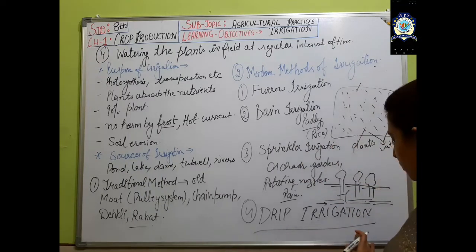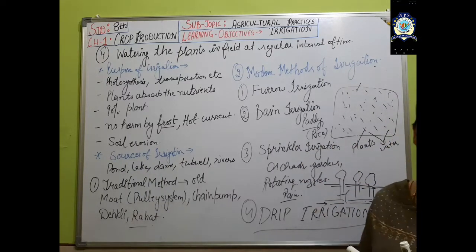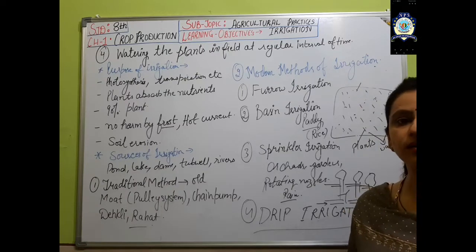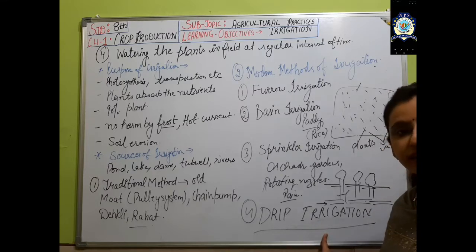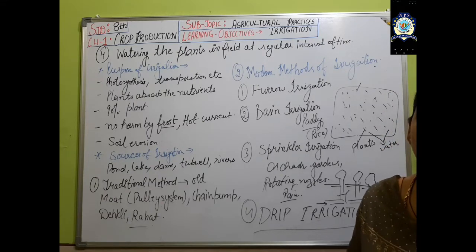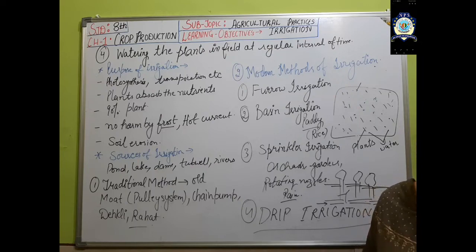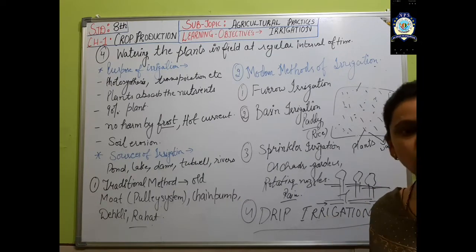Okay, you have seen I have written in bold letters because really it's a very expensive method, but on the other hand it is very useful also. And the main thing is that it doesn't allow water wastage. What is going on here?